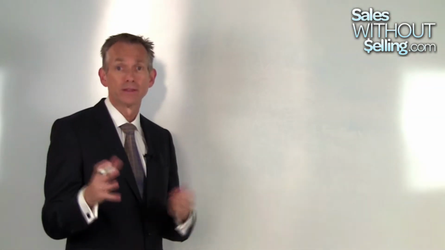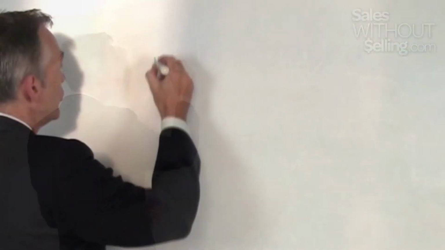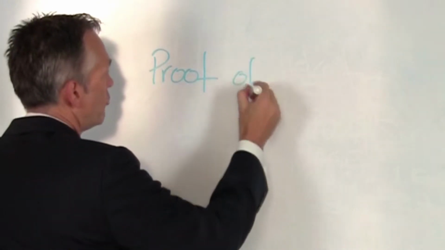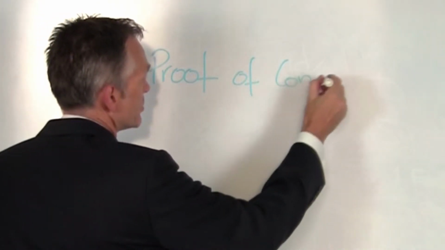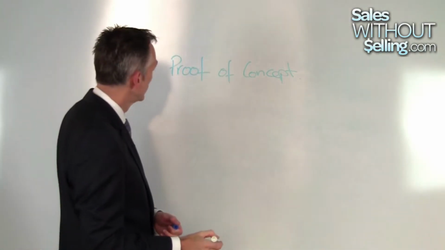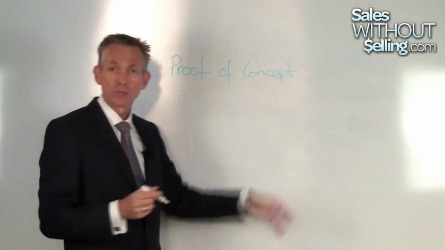creating or reducing the fear of risk is what we call proof of concept. Now, I work with a lot of IT organizations, companies like BT, Cisco, Orange, Vodafone, Lenovo, etc., and the list goes on. And they do a lot of this proof of concept.